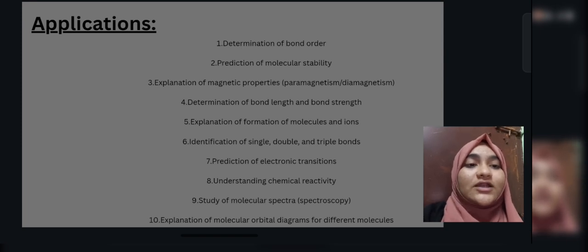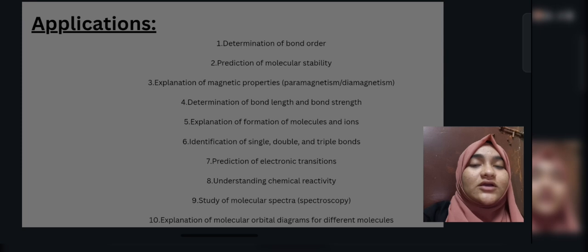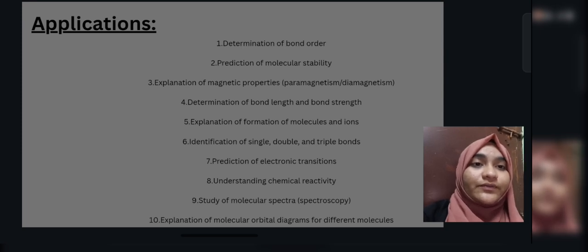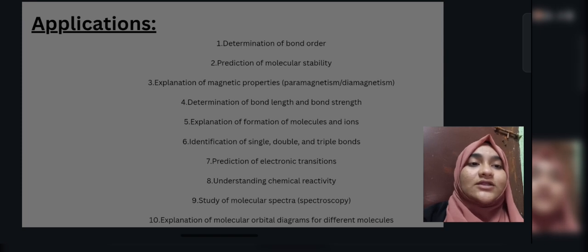And then understanding chemical reactivity. Then the study of the molecular spectra, also known as spectroscopy. It is the study of the molecular spectra. Explanation of molecular orbital diagrams for different molecules, and it also determines the bond length and bond strength very easily.